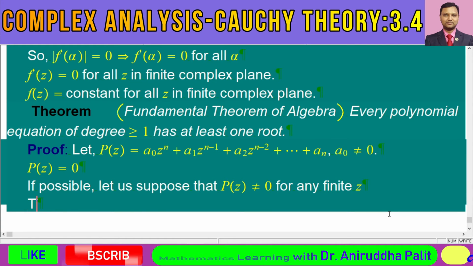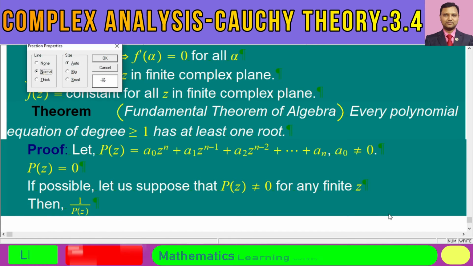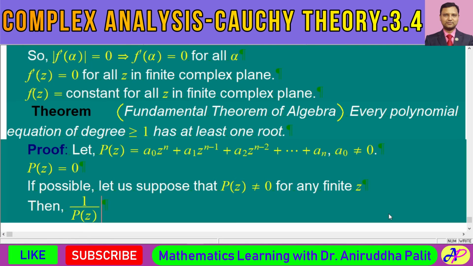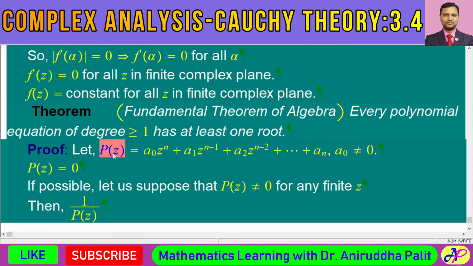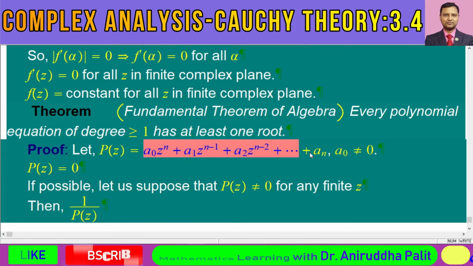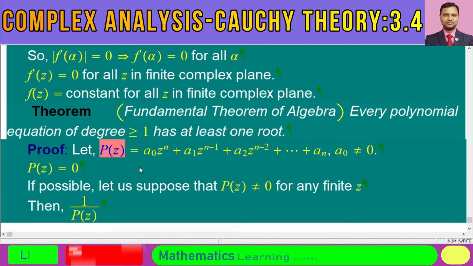Then what can we say? Then we can say that 1 by p of z, over here p of z is actually a polynomial function, so we can easily differentiate all these functions. These kinds of functions are actually analytic functions.